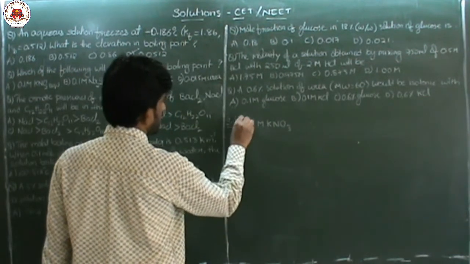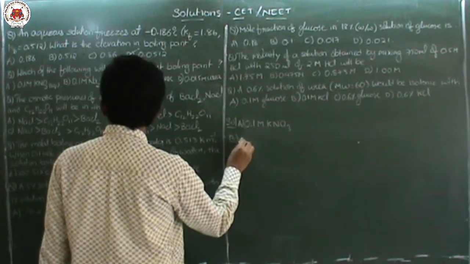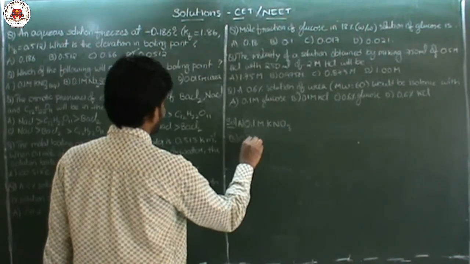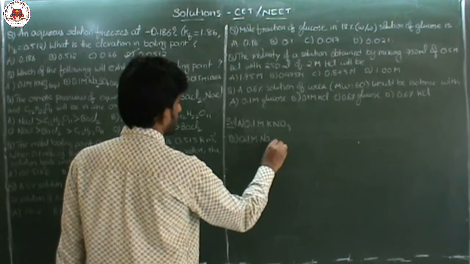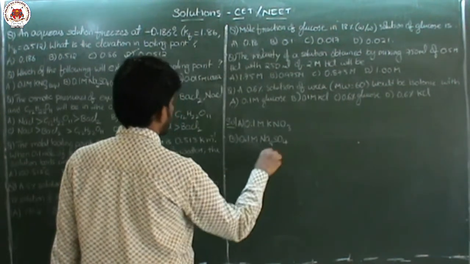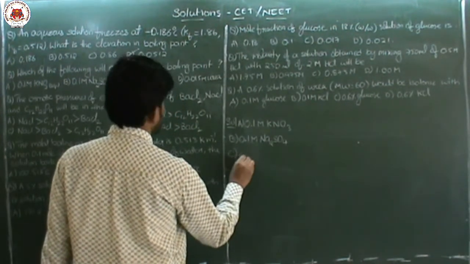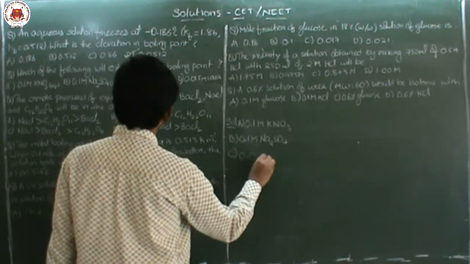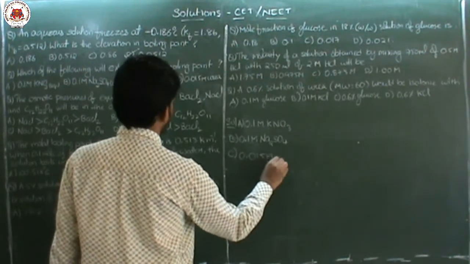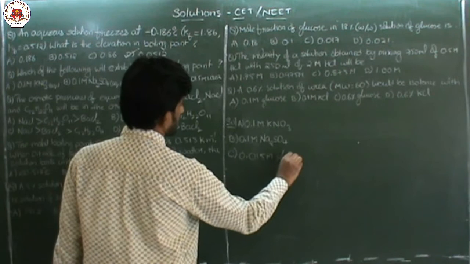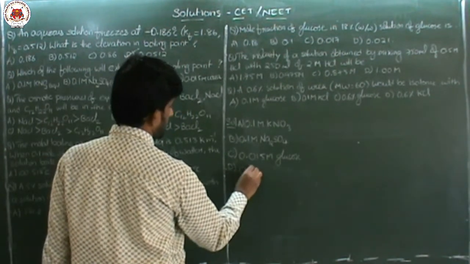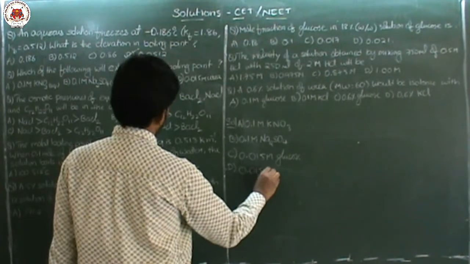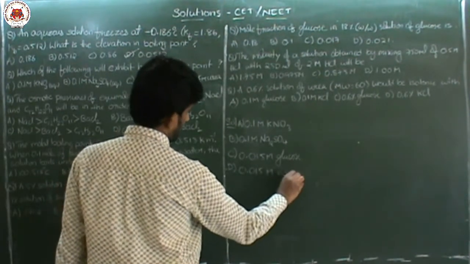Option B is 0.1 m Na2SO4. Option C is 0.015 m glucose solution, and option D is 0.015 m urea solution.